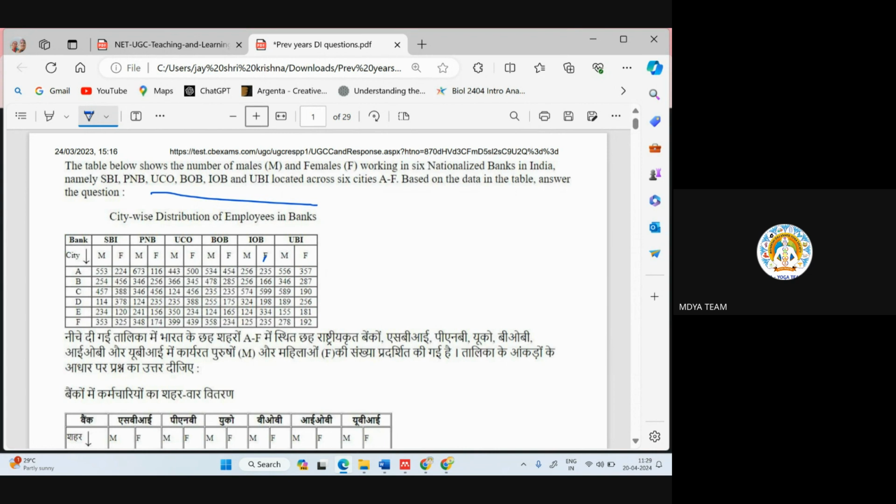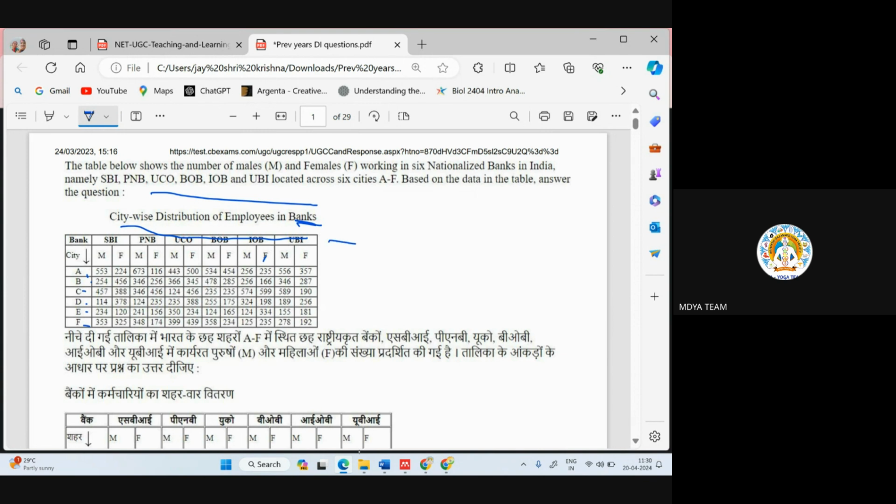Okay, very good. Everyone understood. Once again, I will try. This is the city-wise distribution of employees in banks. These are the cities, city A, B, C, D, E, and F. These are the banks, SBI, PNB, UCO.